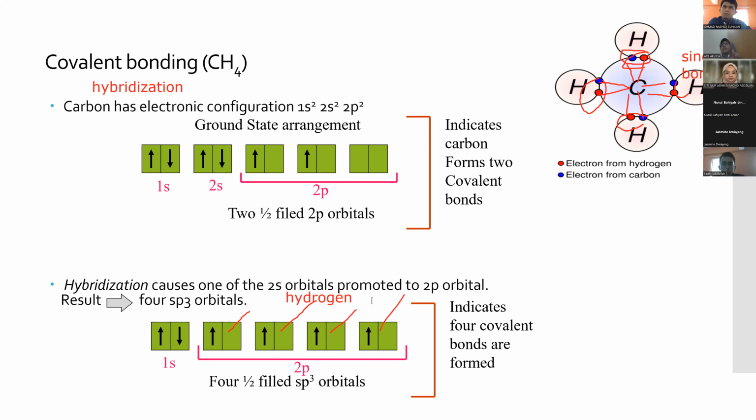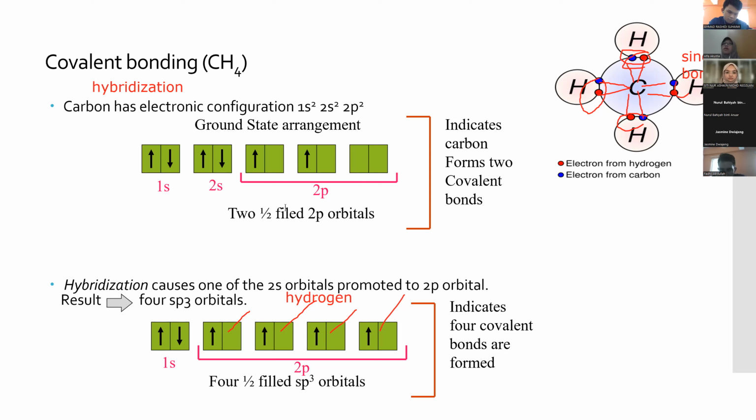This is the mechanism. How about sharing electrons? They create a hybridization. They have to have empty orbitals to interact with the other elements.